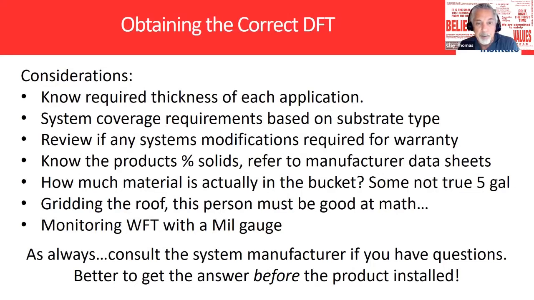Want to know the system coverage requirements based on the substrate. Review any of the system modifications required for warranty. Sometimes if your client wants a 20-year warranty and you have to provide a 20-year warranty, you may have to add that reinforcement mat. You may have to put product on at a different millage. Maybe you have to add an additional coat.